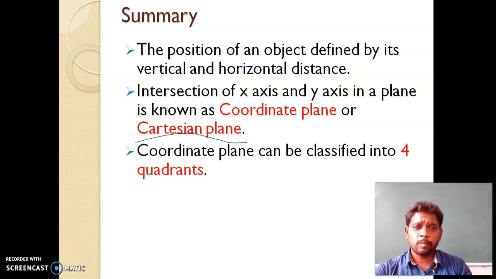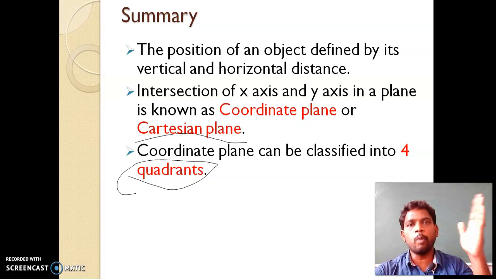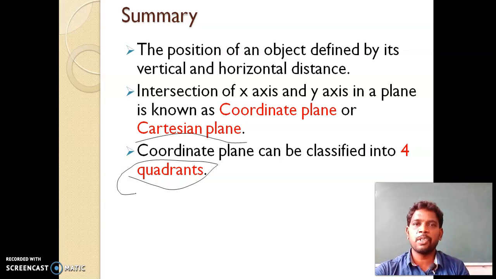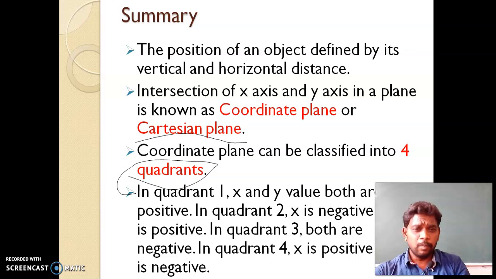Next, the coordinate plane can be classified into 4 quadrants. On the top right is the first quadrant, and moving in anti-clockwise direction are the second, third and fourth. In the first quadrant both x and y are positive.